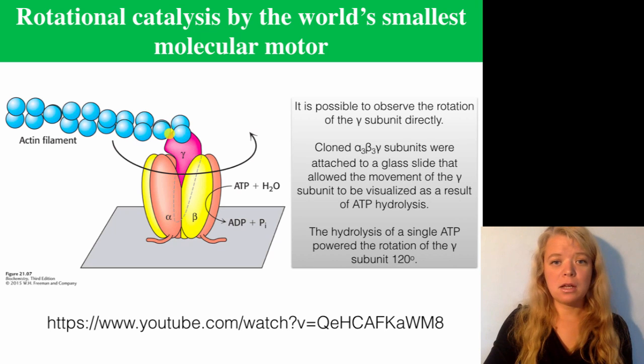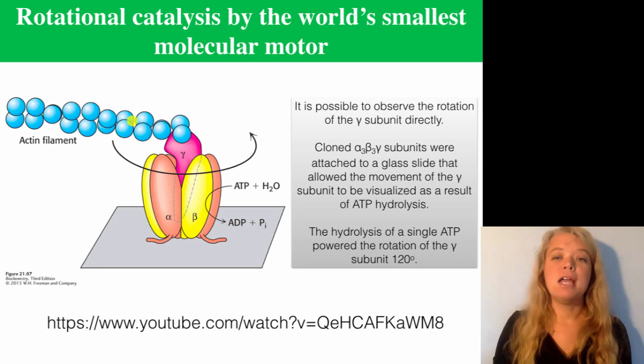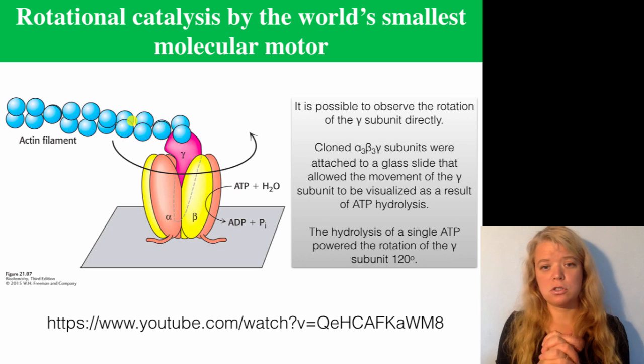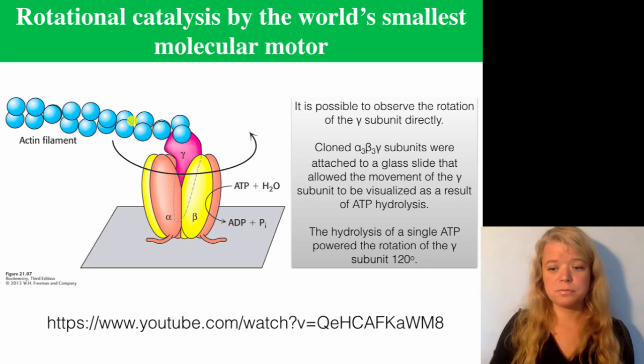And the gamma subunit has an actin filament attached, something that's very easy for us to visualize because we can show glowy stuff in between these actin subunits. And actin, of course, is a structural protein which is part of our cytoskeleton.